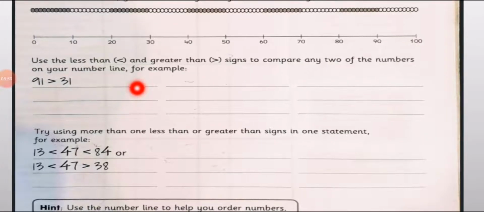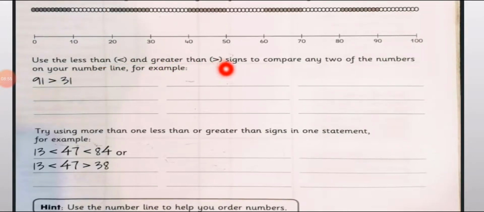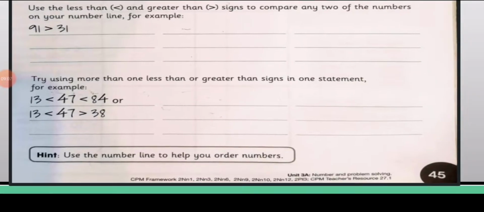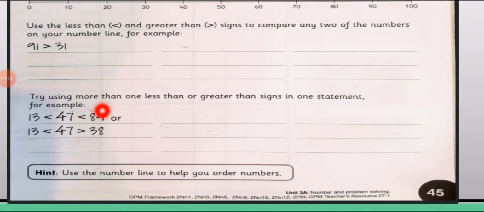The second part is to use the less than and greater than signs to compare any two of these numbers on your number line. For example, 97 is greater than 31. So we'll compare these numbers. First one is done, another we will do here. Try some using more than one less than or greater than sign in one sentence.